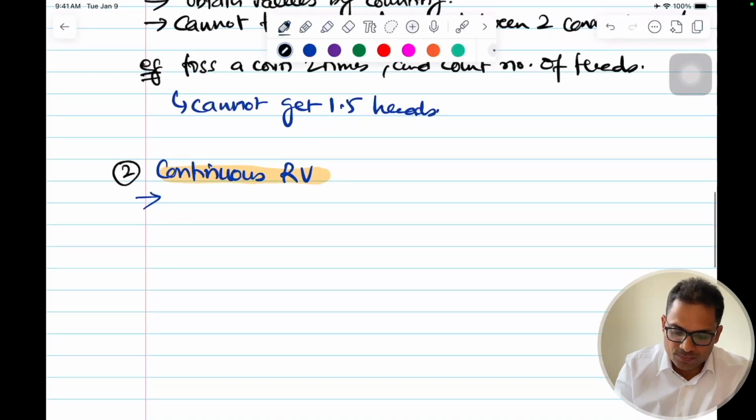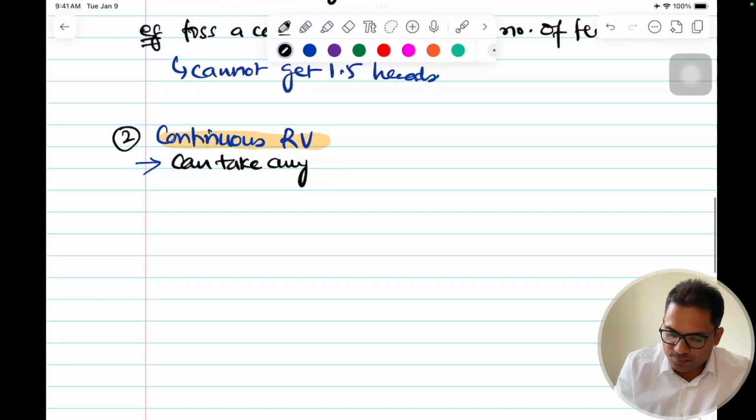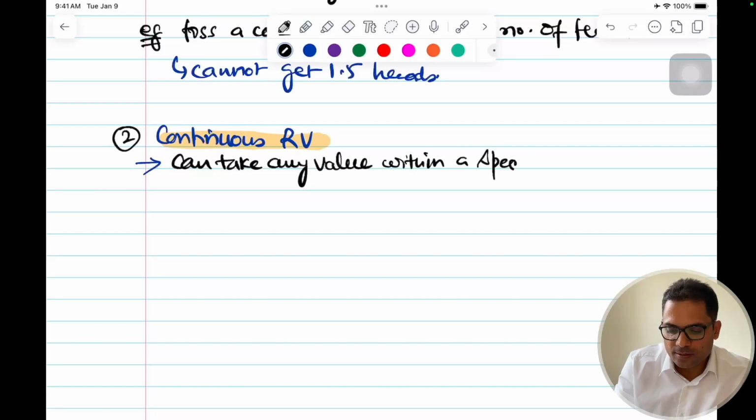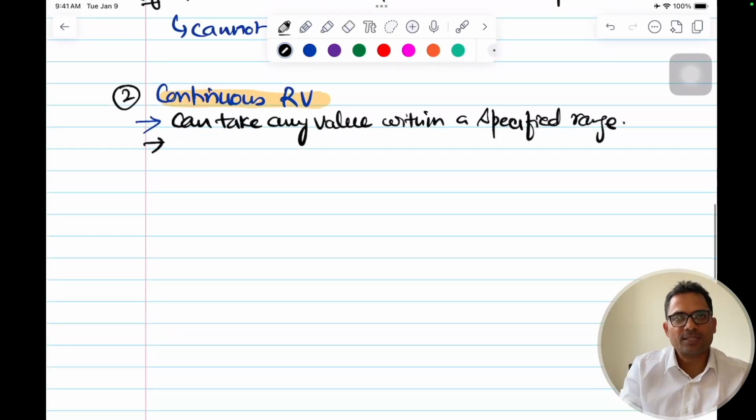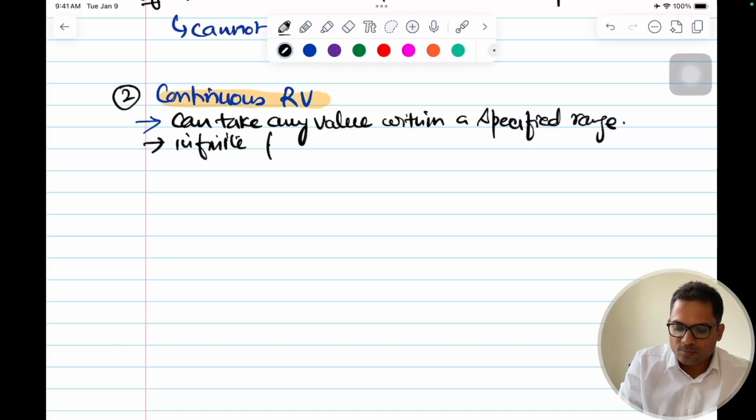So that's what a continuous random variable is. Let me write it down for you: it can take any value within a specified range, and we have seen earlier that there can be infinite such numbers.